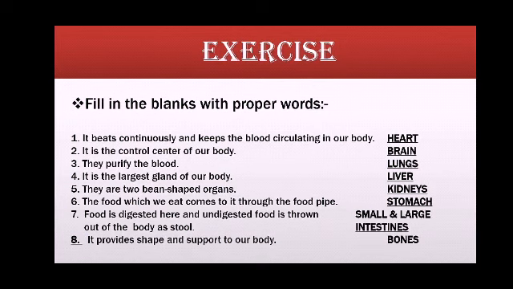Number 8, it provides shape and support to our body. So the important function of bones is to keep shape and support our body. So these were the fill in the blanks.